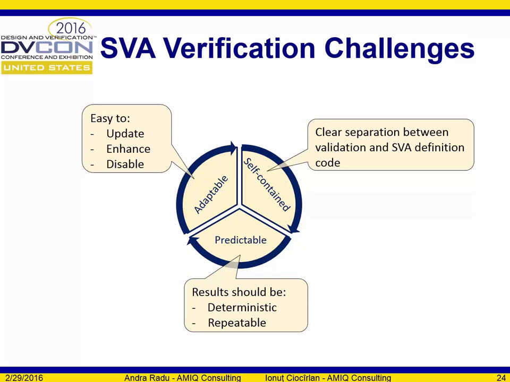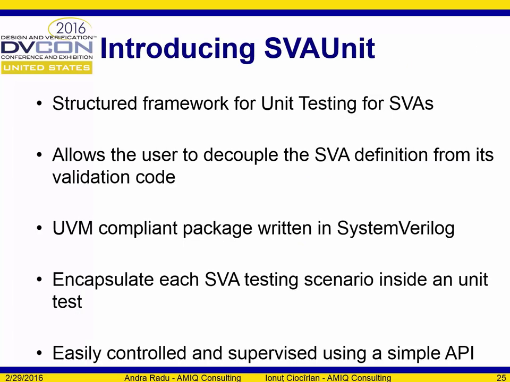So feeling the need for a more standardized approach, one that could help us ramp up the assertion verification environment much faster, and also hit all these points, plus making the stimuli and the checking much easier, we've developed SVAUnit. So what SVAUnit is, it combines the unit testing paradigm of the software world with the powerful feature of SystemVerilog assertions from the SystemVerilog language.